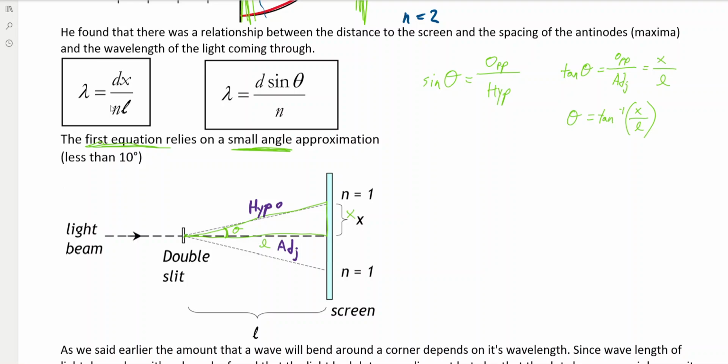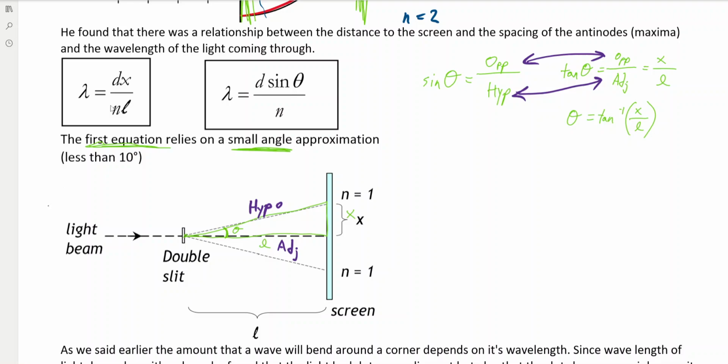The opposite is the same, but the adjacent and the hypotenuse are not equal. We don't know the hypotenuse, it's hard to measure. If we knew it, we could just write in the sine ratio, opposite over hypotenuse. But since we don't, they're approximating it, saying the hypotenuse is close enough to the adjacent length. And you can see in the diagram that it's going to be close.